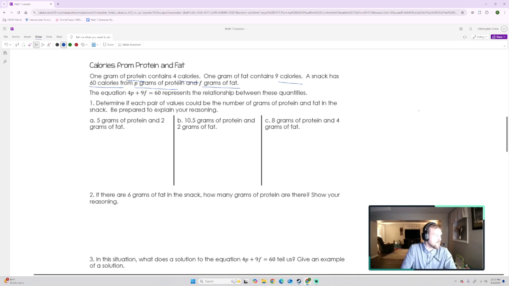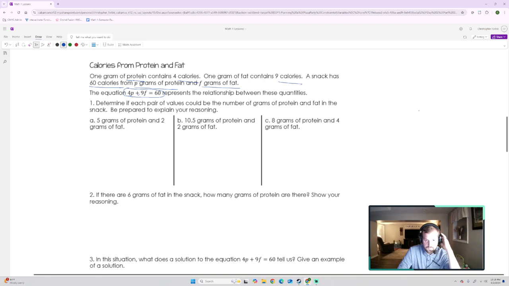All right, so I gave you the equation. Maybe you can come up with it on your own if you didn't see it already, but that's 4 calories for every gram of protein plus 9 calories for every gram of fat equals 60. That represents the relationship between these quantities that we just talked about.